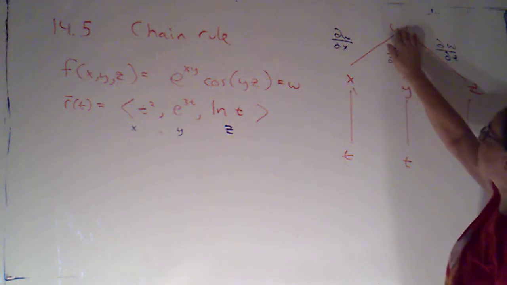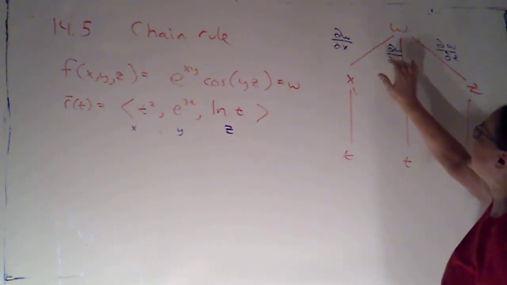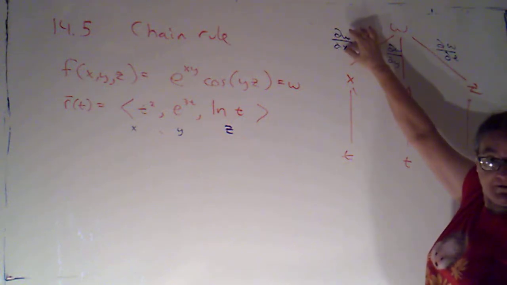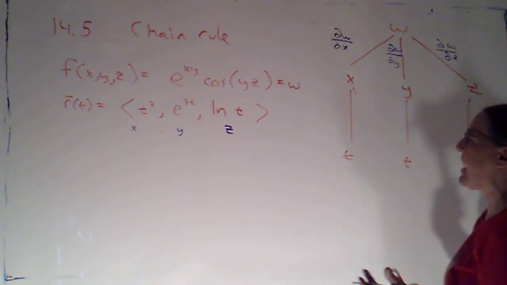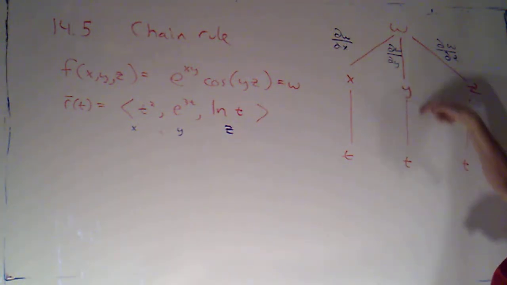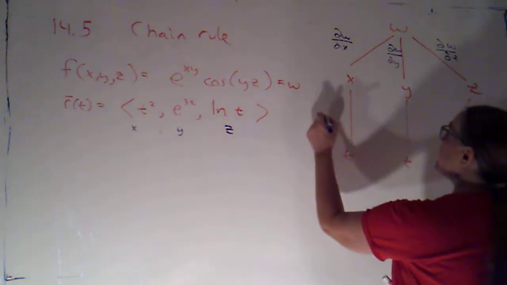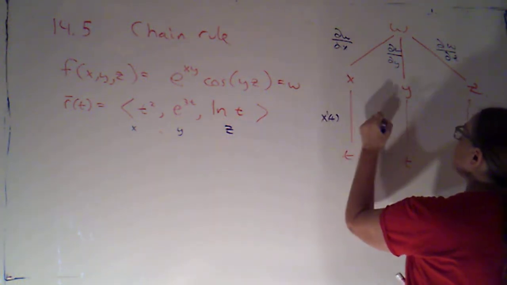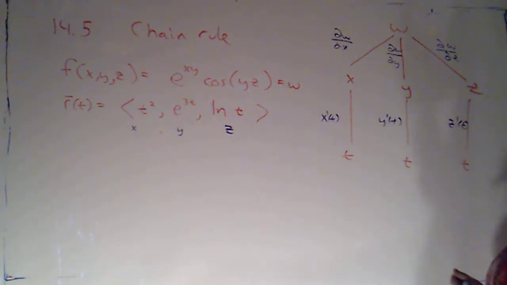And if I preferred, since w is f of x, y, z, I could be writing these as the partials of f with respect to x, y, and z. Just a matter of personal preference at this point. All right, down here, each of these depends on just one variable, so these are going to be full derivatives. So that's x prime of t, y prime of t, and z prime of t.